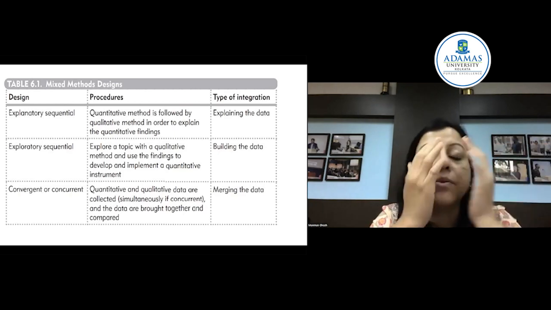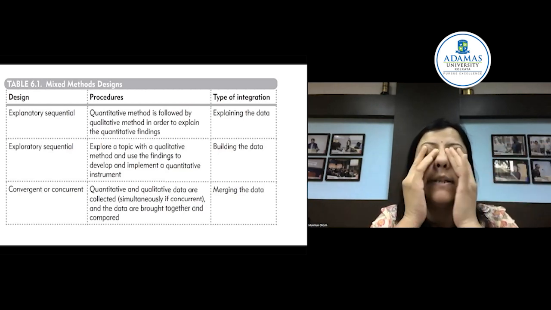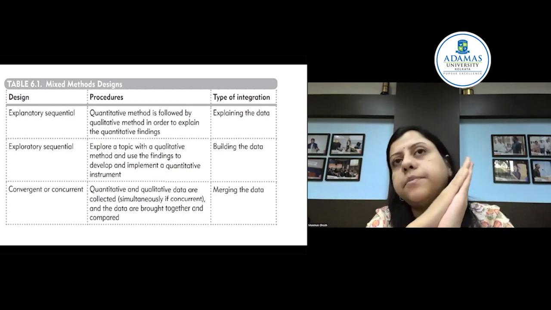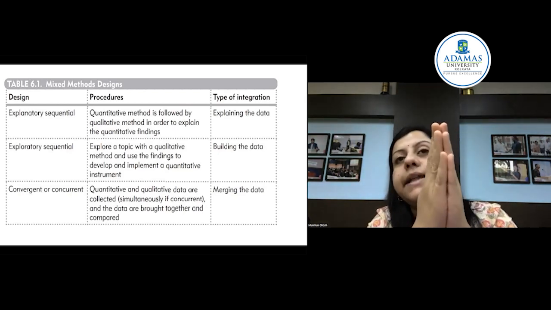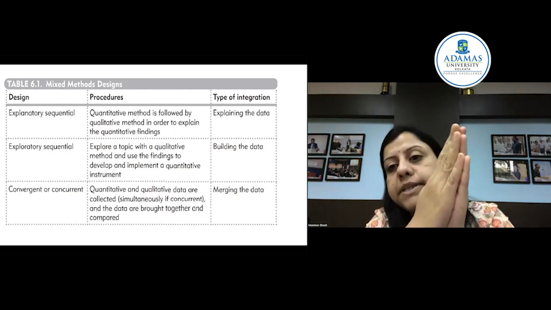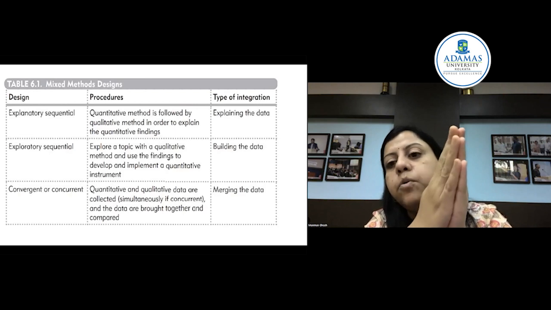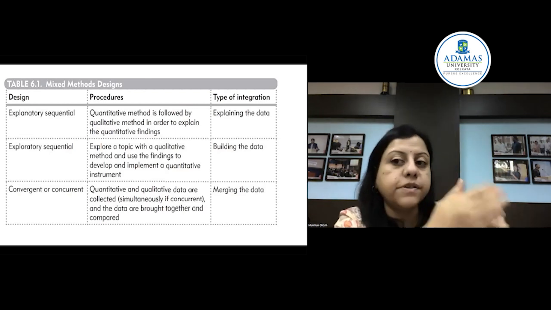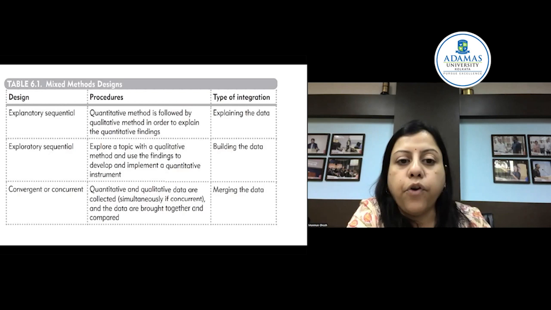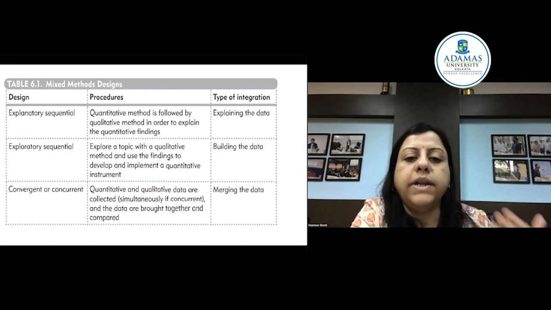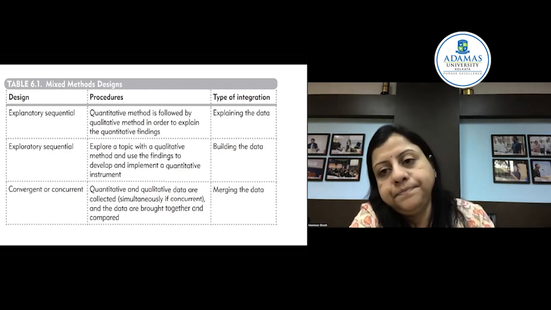When we say explanatory sequential or sequential explanatory, it means that the person has conducted quantitative research in the first stage of the study, followed by a qualitative method.